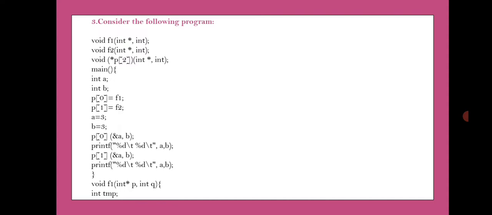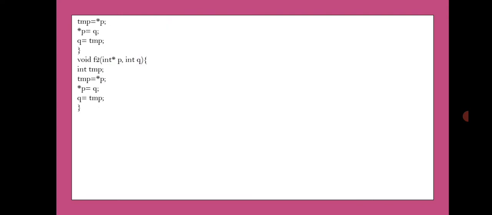Void f1: we have an int temporary variable temp, temp equals pointer p, p equals q, and we are copying temp into q. In f2 it will be the same: temp equals pointer p, p equals q, q equals temp, some sort of.